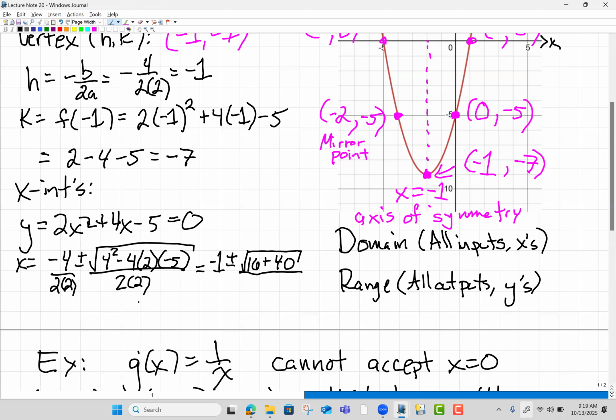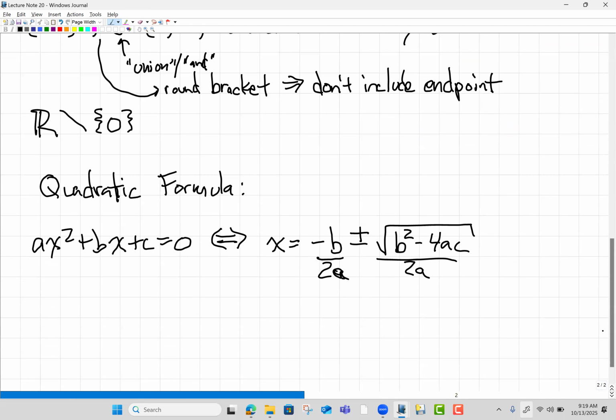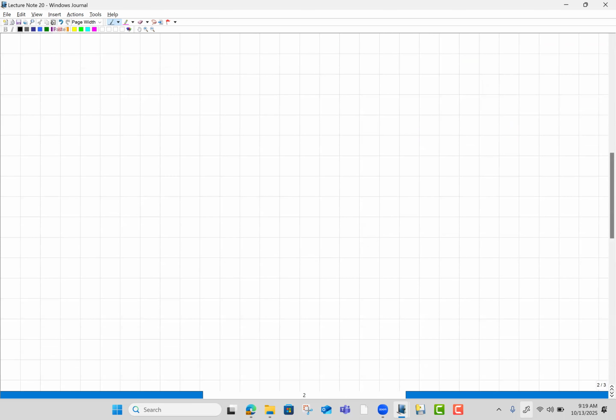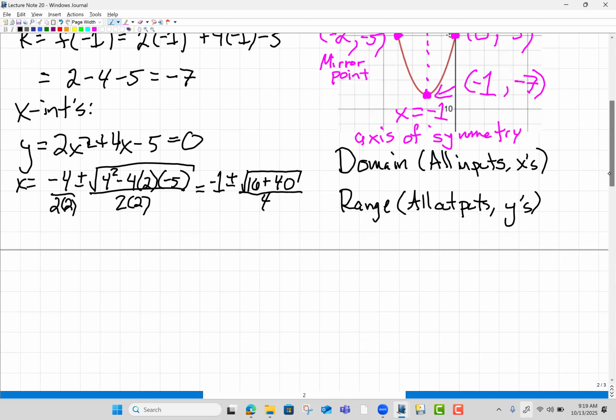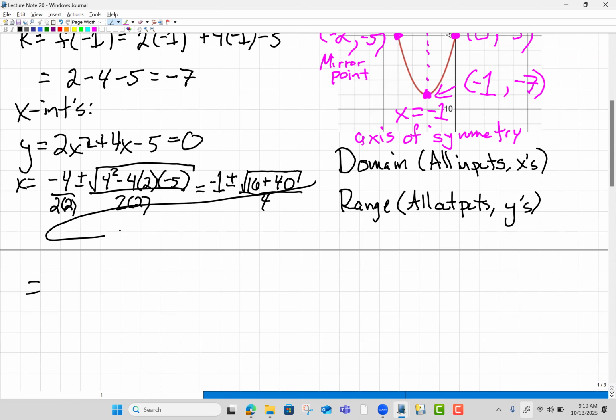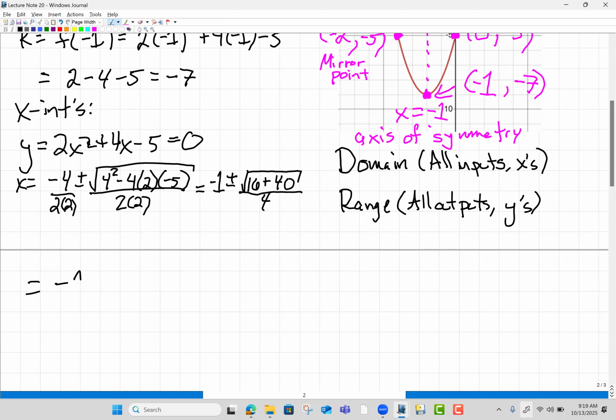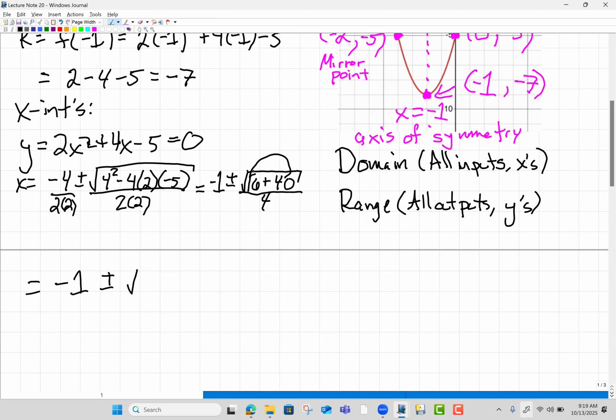And then bottom, 2 times 2 is 4. Oh, let me insert a new page here. Now, let's keep simplifying. I don't want to cram this in here, so we're going to take more room. We got our minus 1. 40, 56.